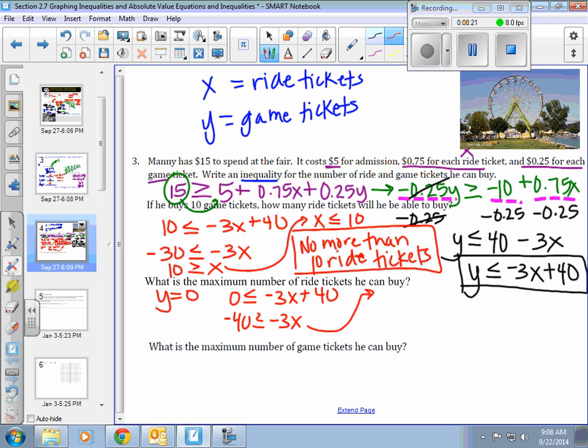Negative 40 divided by negative 3 will give me a positive 13.3 repeating is greater than or equal to x. So x is less than or equal to 13.3 repeating. Well, if x has to be less than that, the max he can buy is 13 whole tickets. So no more than 13 ride tickets.